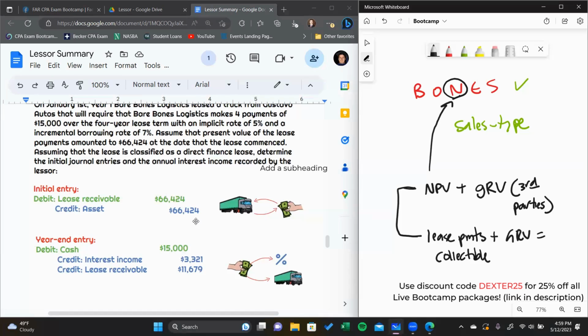Instead, we're treating it like the asset is being financed over time, hence the direct financing lease. So we record a receivable in exchange for the asset, and then we record everything else the same. So really the only thing that's different is in the initial entry, we don't record a gain. And that's because we treat it as though it's being financed over a period of time, not sold. Sales type leases are treated like a sale.